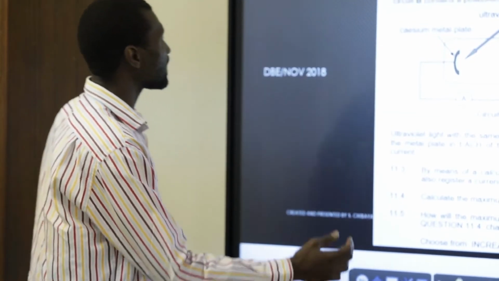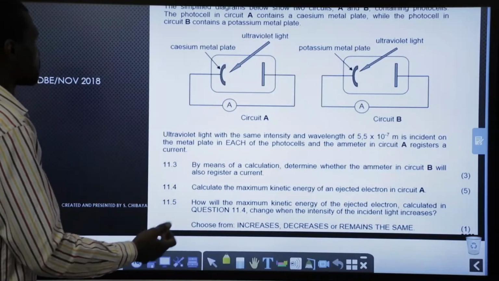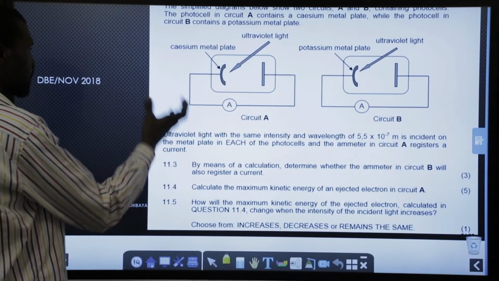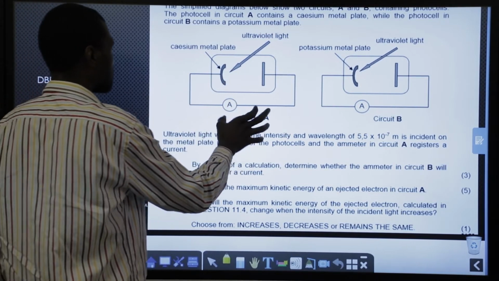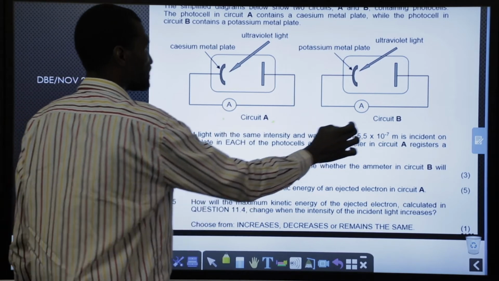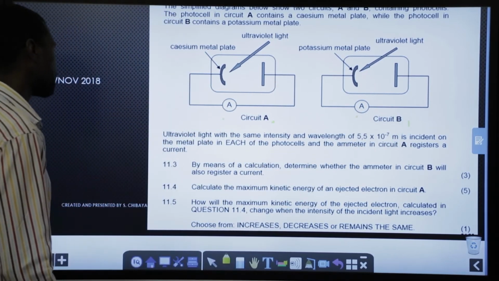Right, so here's a diagram. We've got photocells. We spoke about photocells before, taking in light and producing a current. So this is calcium, and here we've got one with potassium.